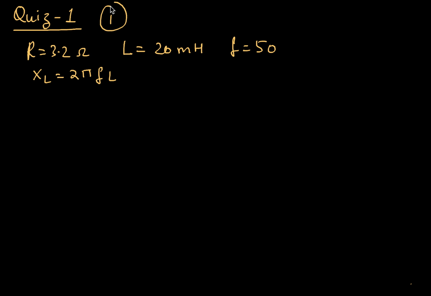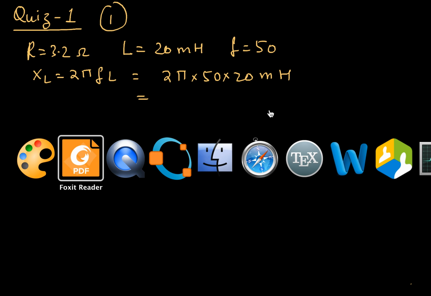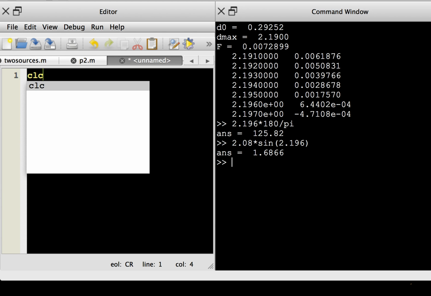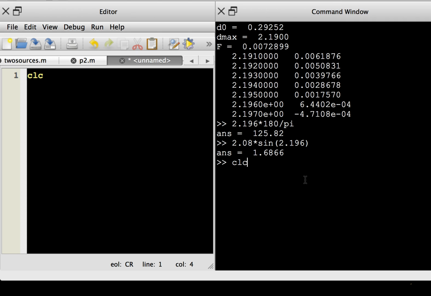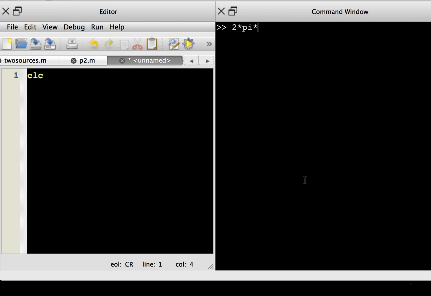That is 2 pi into 50 into 20 millihenries. So let me go to my calculator. 2 into pi into 50 into 20 e to the power of minus 3, that is milli. So I'm getting 6.2832 ohms.